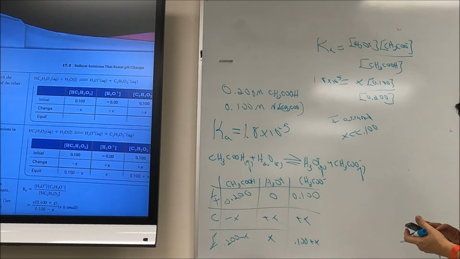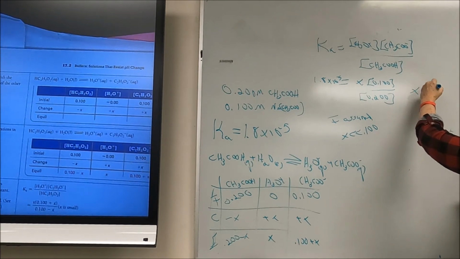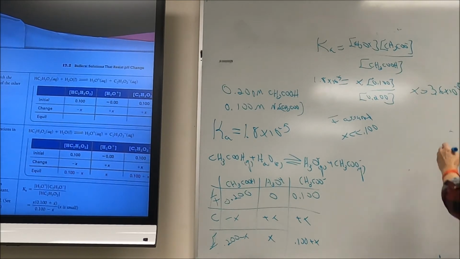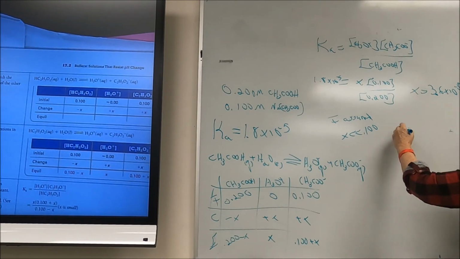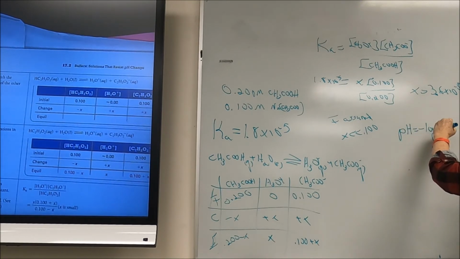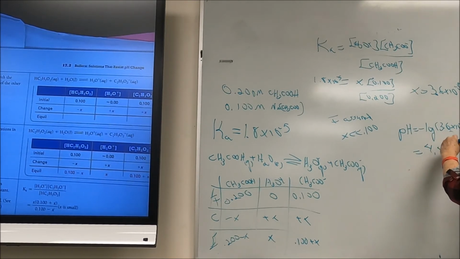So 1.8 times 10 to the negative 5 times 0.2 divided by 0.1, I get X here to be 3.6 times 10 to the minus 5. That was definitely a valid assumption. That means that my pH is going to be the negative log of 3.6 times 10 to the minus 5. So the pH here is 4.44.